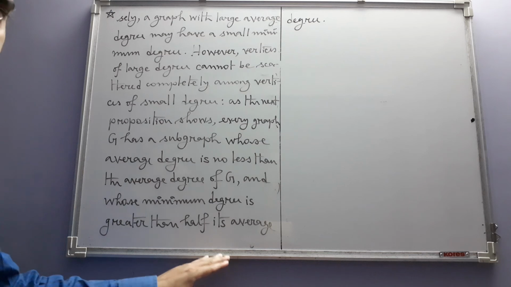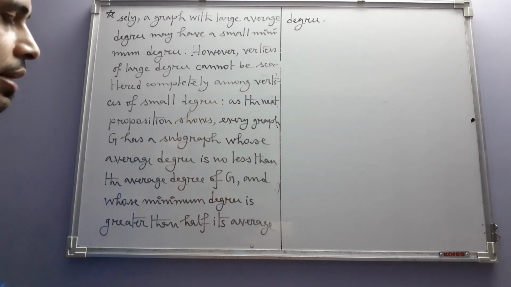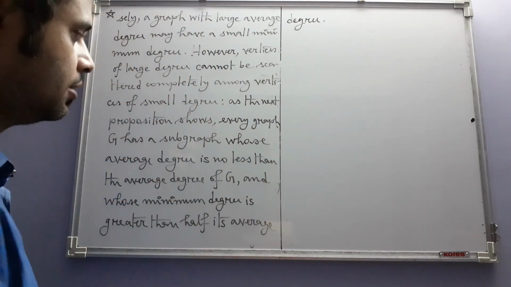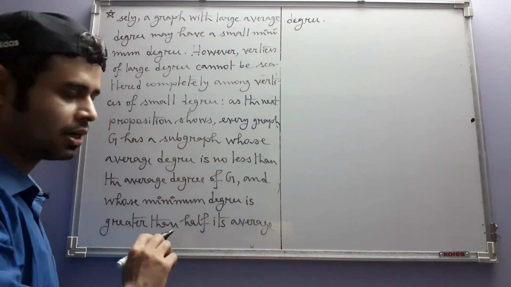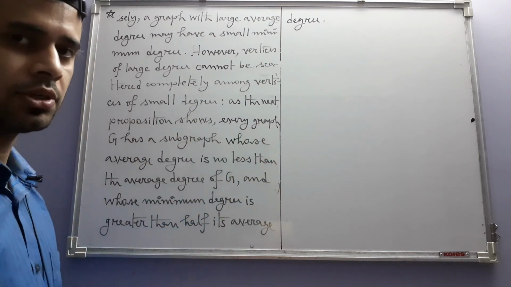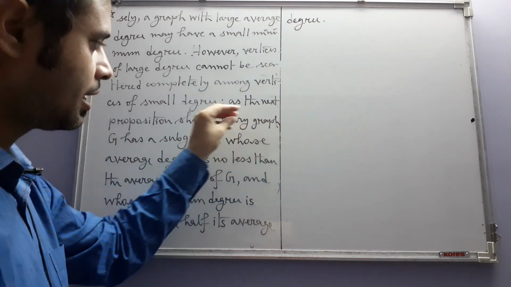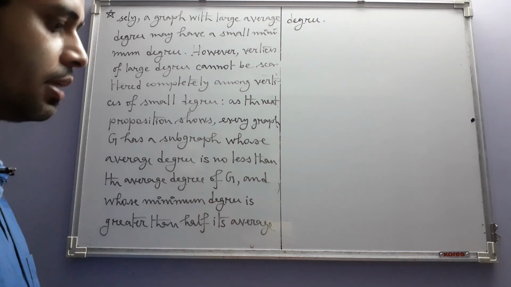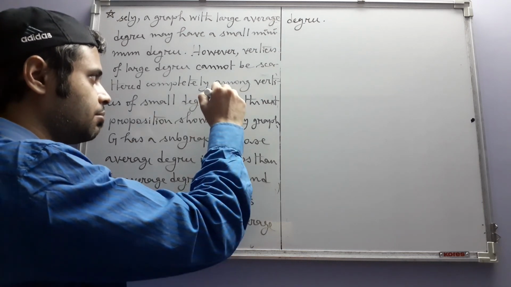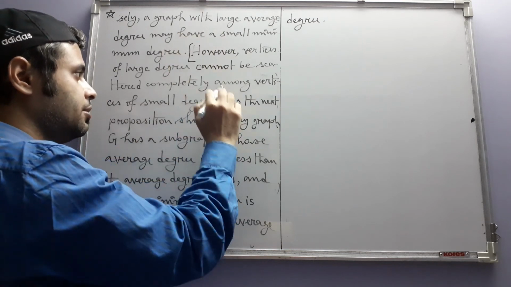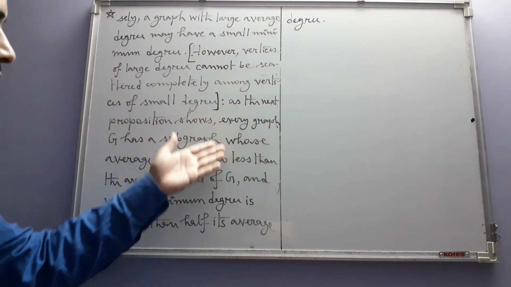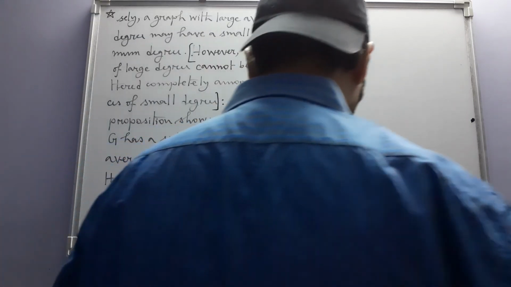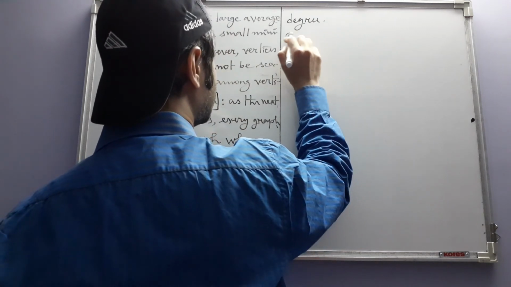This is a technical fact that if you have a graph, then it will have its own average degree. In that you can find a subgraph whose average degree is greater than or equal to the average degree of the original graph and whose minimum degree is greater than half of its average degree. Okay, and that is the proposition. If you are able to figure out the meaning of this part, then please let me know.